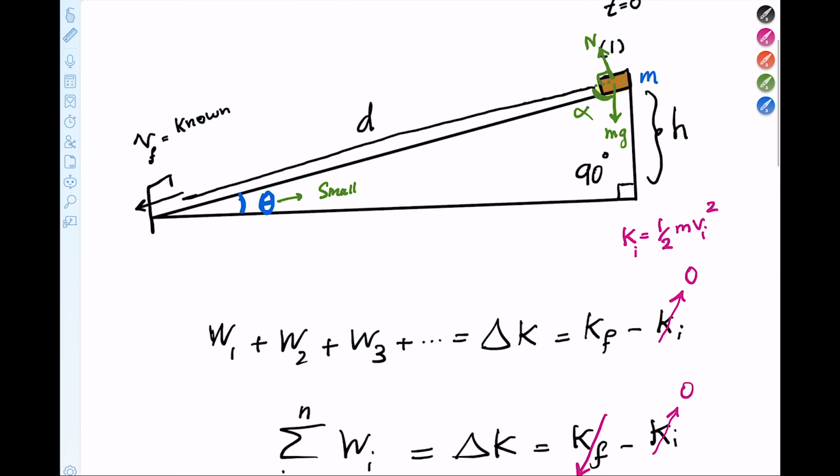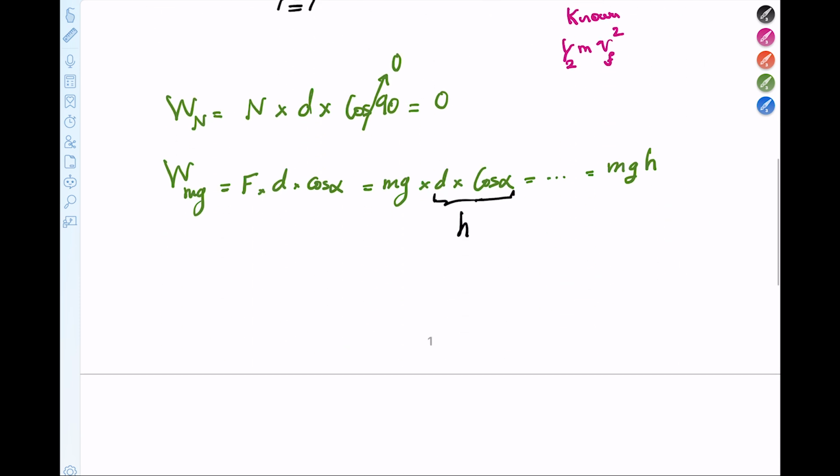H is the height that we have here, and the height is given to us. So on the left-hand side, I have mgh. On the right-hand side, I have K final minus K initial, but we know K initial is 0, and K final is half mass times final velocity squared.